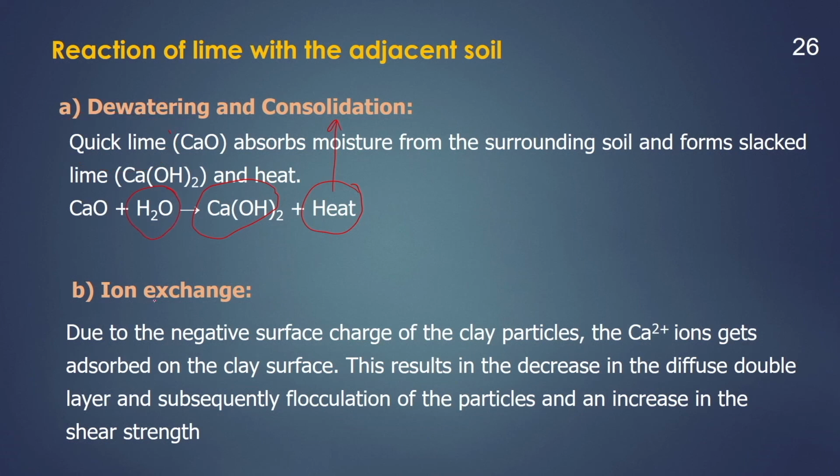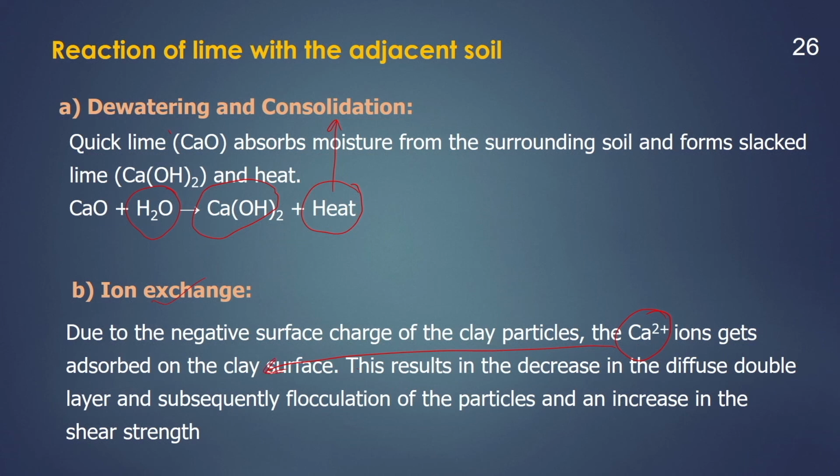The next step is the ion exchange. As we know, the negative charge of the clay surface will be carrying different amounts of exchangeable cations. At the same time, the lime will be containing calcium. So, this calcium ion present in the lime can be adsorbed onto the clay surface, and the exchangeable cations can be removed by this calcium ion.